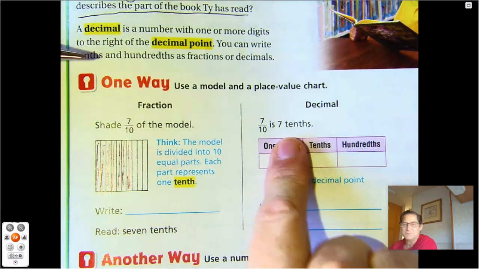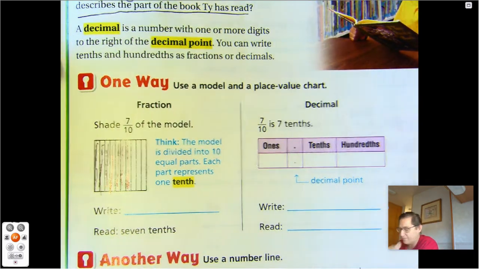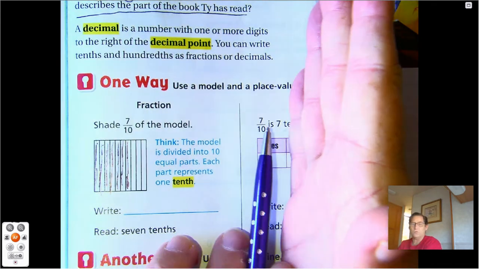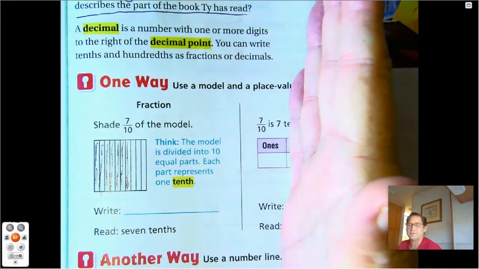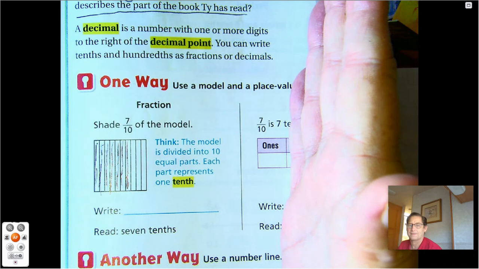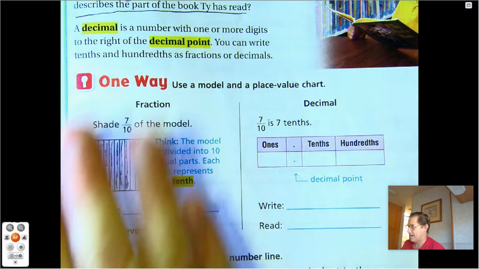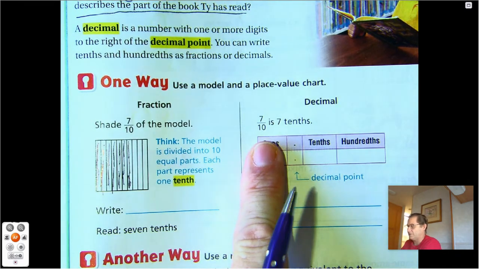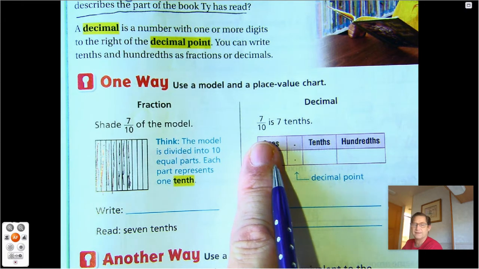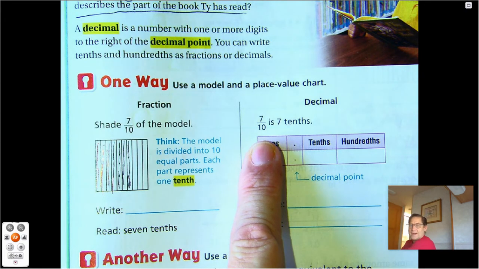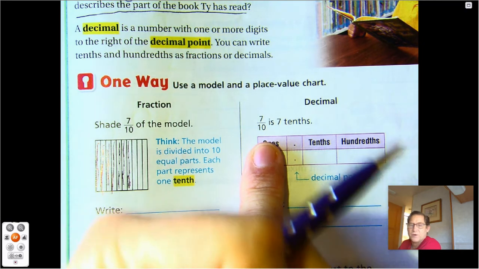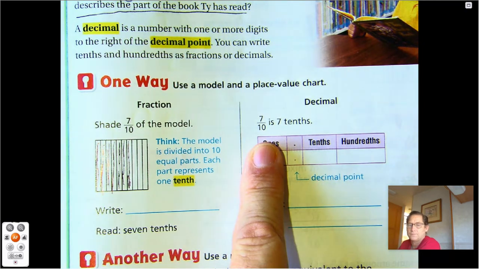But as a decimal, that might be new to us. We've been dealing with whole numbers all the way up to this point, right? Now we're going to introduce the idea of a decimal point and digits to the right of that decimal point. So the digits to the right of a decimal point are less than one whole.